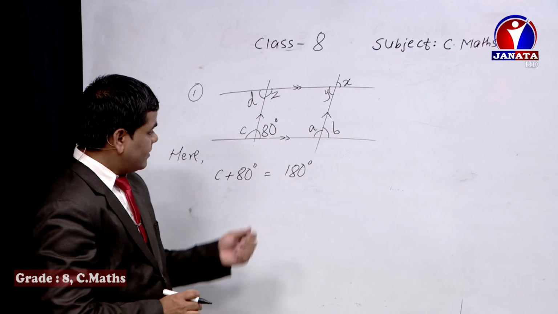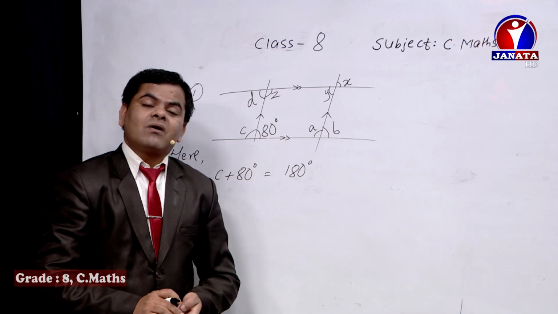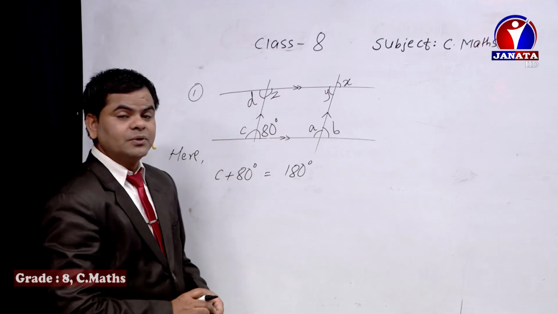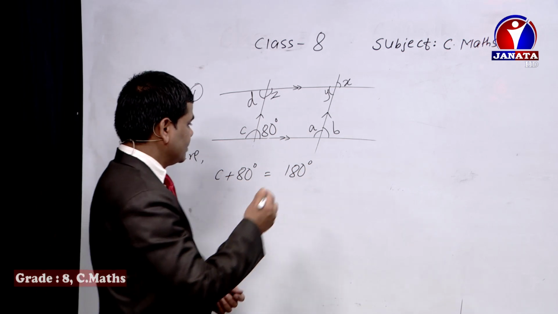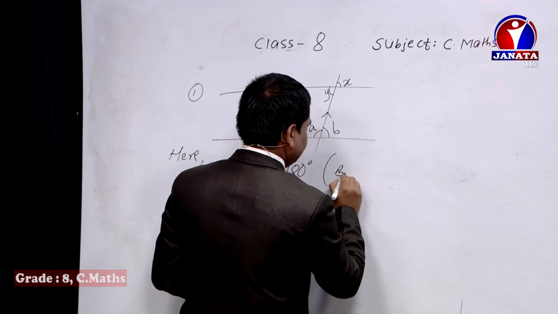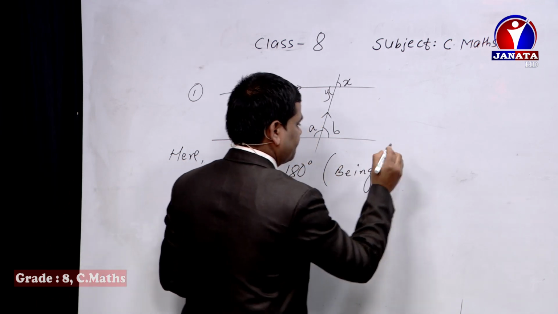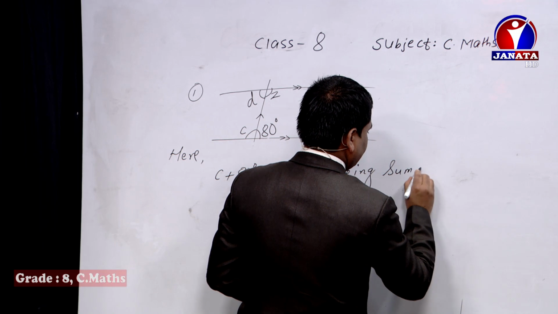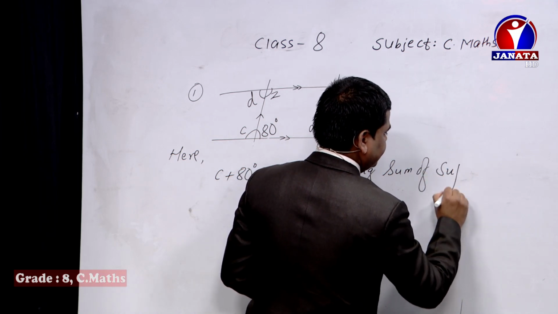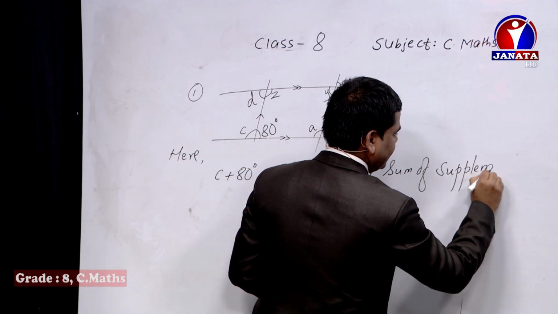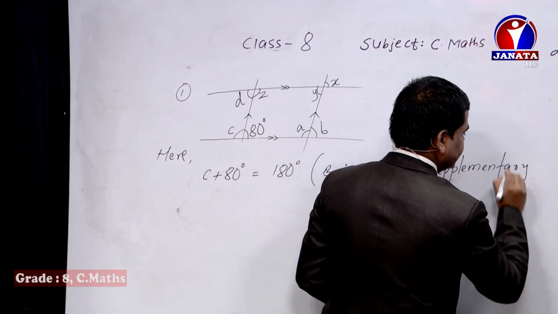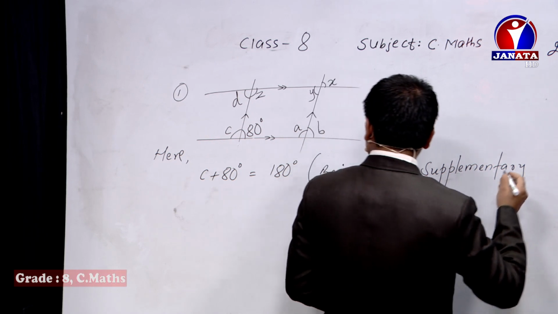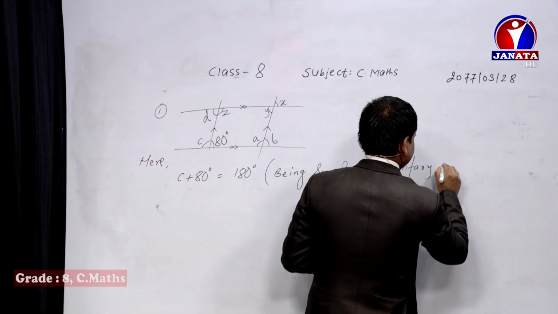You can write any among those three because the meaning of all those words remains the same. So I am going to write here, being sum of supplementary angles. Supplementary also you can write, linear pair as well, or straight angle.